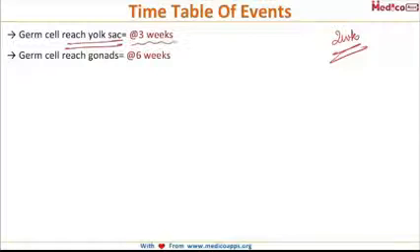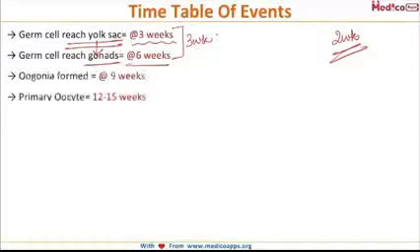After this, these germ cells have to migrate to their ultimate location, the gonads. Although this migration starts at the 4th week, it is completed by 6 weeks. So you can see the difference is 3 weeks. The germ cells reach the yolk sac at 3 weeks and they reach the gonads at 6 weeks.